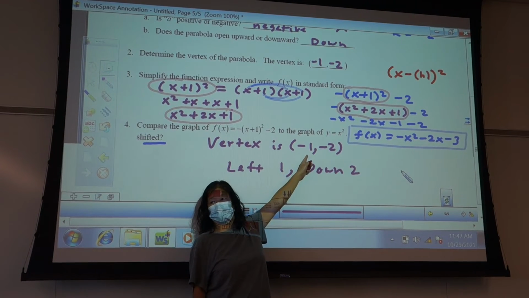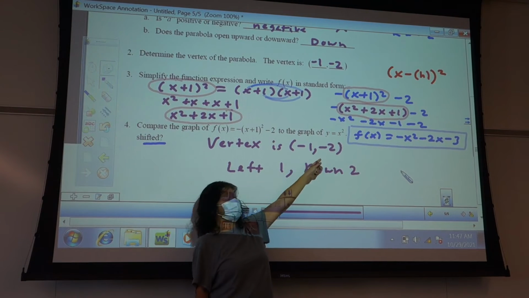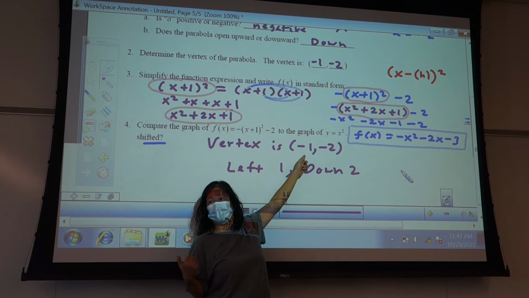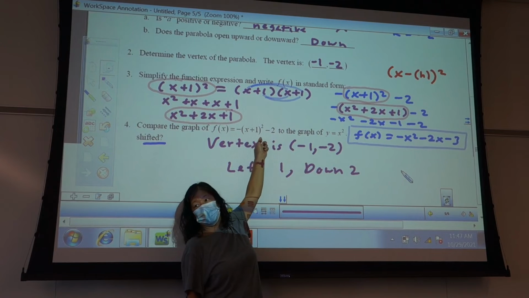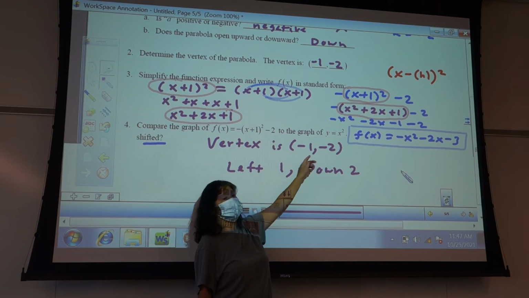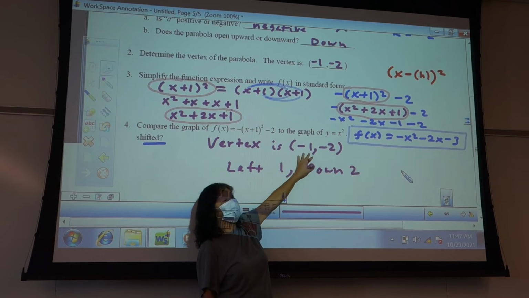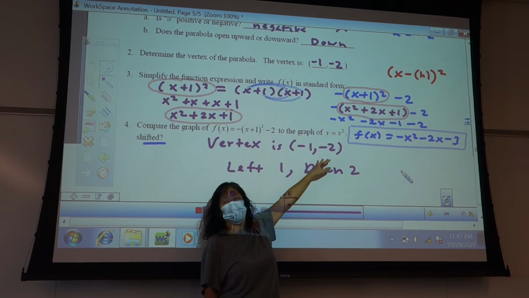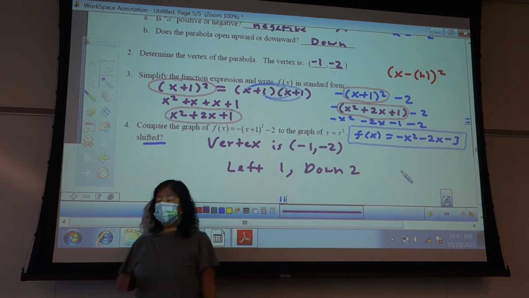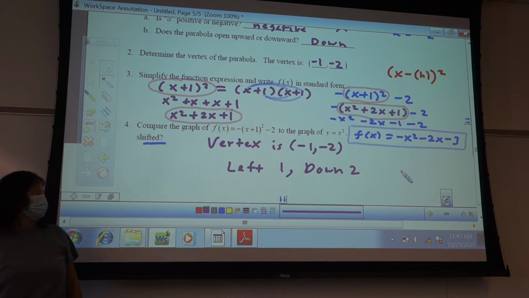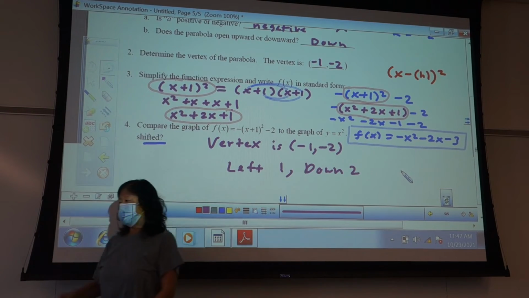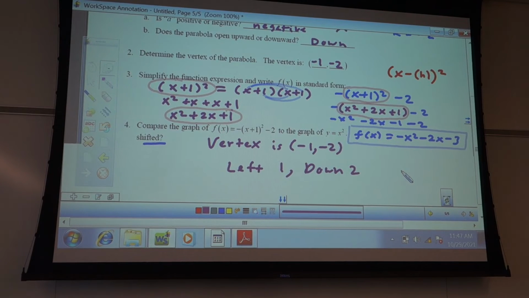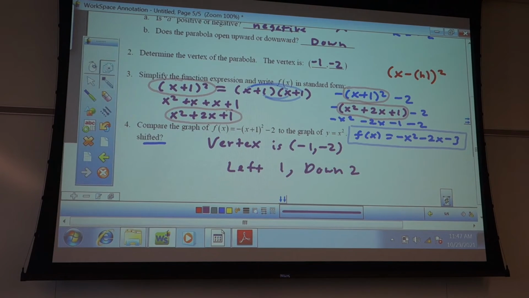The numbers are not reversed. -1 means left. It's only on the inside where it's the opposite. Does that make sense? Okay. So the numbers are true however they are. So -1 means left, -2 means down. I was getting confused. I was throwing it in the inside, trying to reverse it. Right.